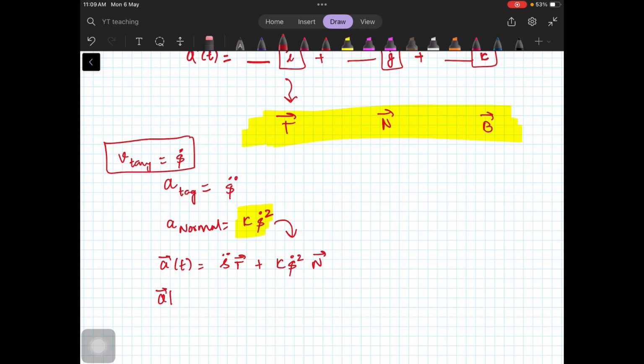So if I look at the modulus, that would be a dot with a.